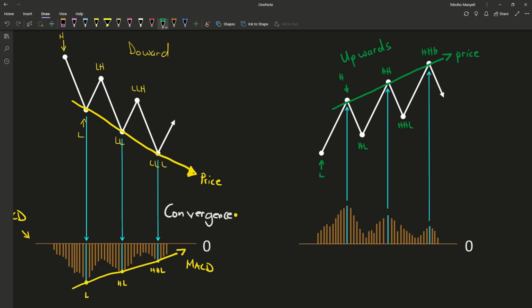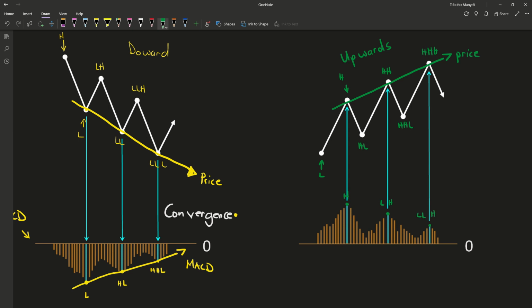But if we look at the MACD down here, as we create this high, and as we create the second high, the high is no longer going higher than it's supposed to be. It's now creating a lower high. And when we create the third high, which is now a higher high, the MACD creates a lower high.